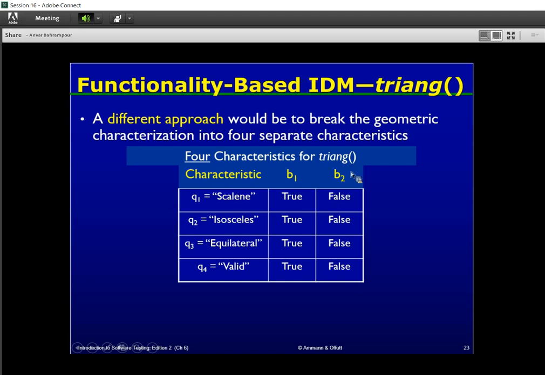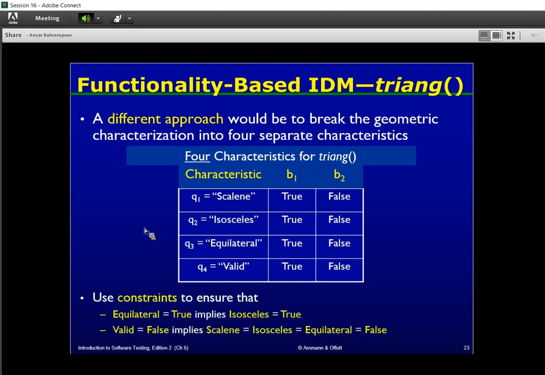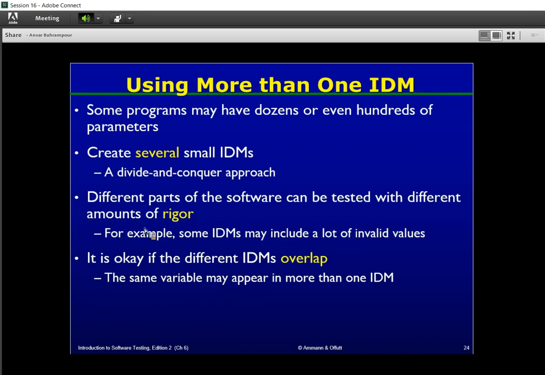We have 8 blocks because 2 blocks for each type of triangle are considered, and you know we have 4 types, so we have 8 blocks. And in this partitioning method, we should do 8 tests, each from a block.